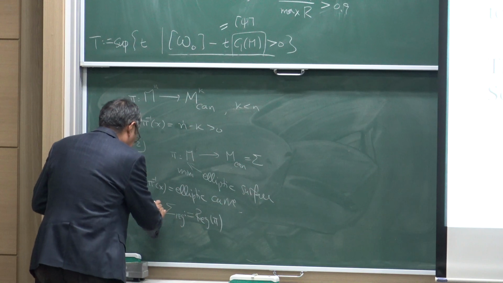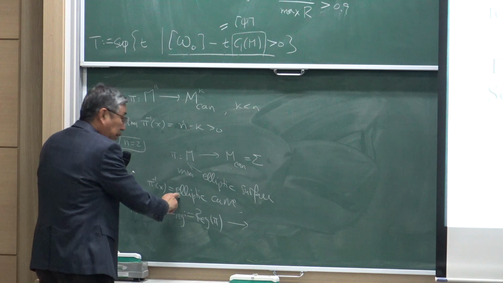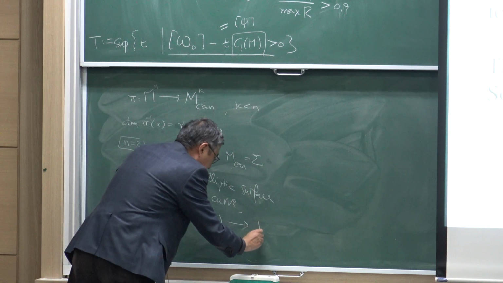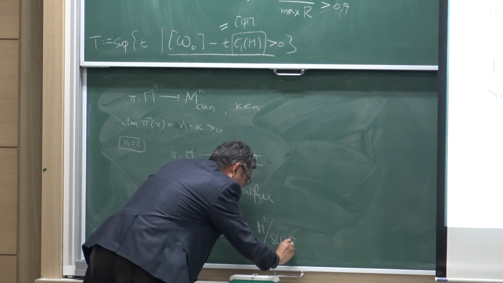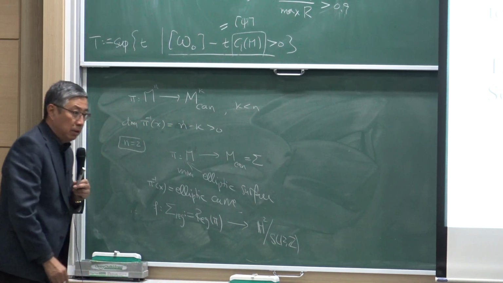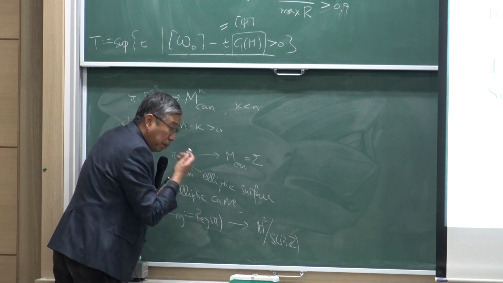Then you have a map F to the moduli space of elliptic curves. That's actually just H^2 modulo SL(2,Z), the moduli of elliptic curves.